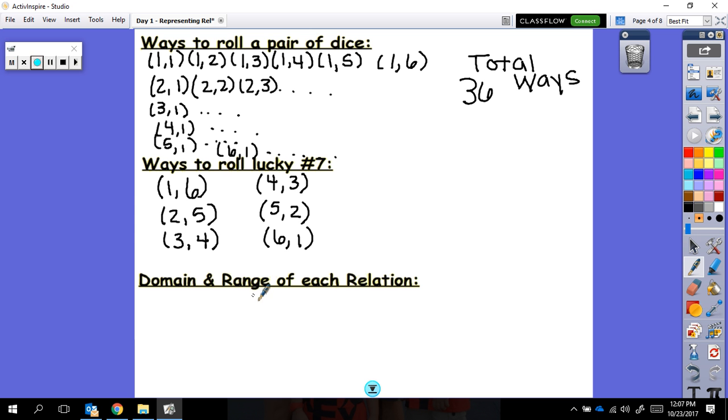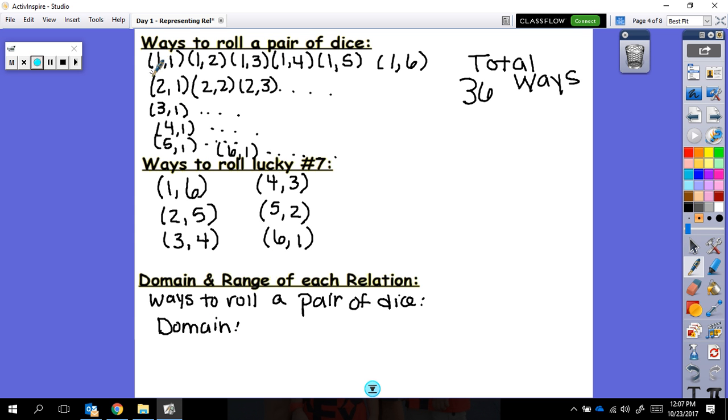So now let's talk about the domain and the range of each relation. Okay, so let's look at this first, the ways just to roll a pair of die. So the domain. Talk to me about the numbers in the domain.